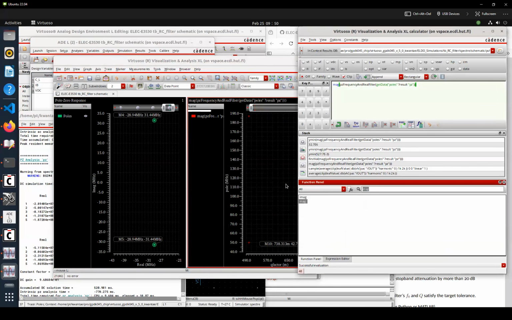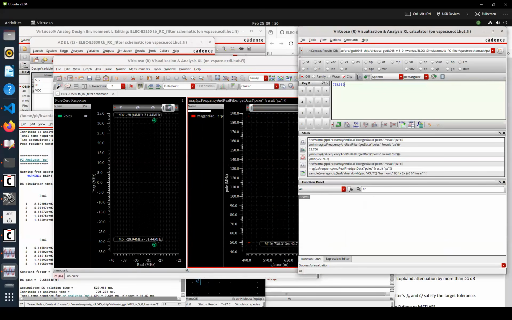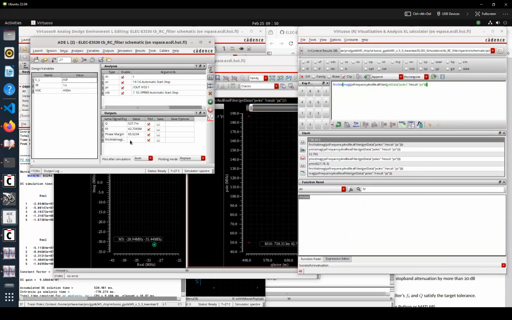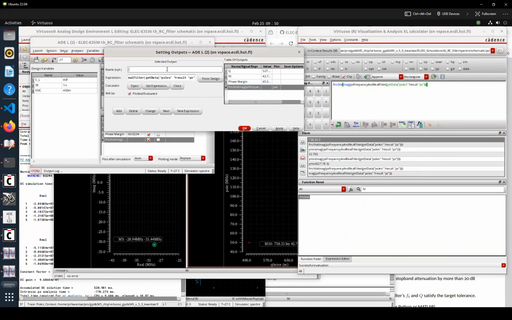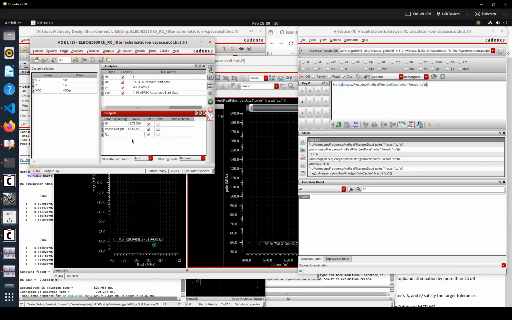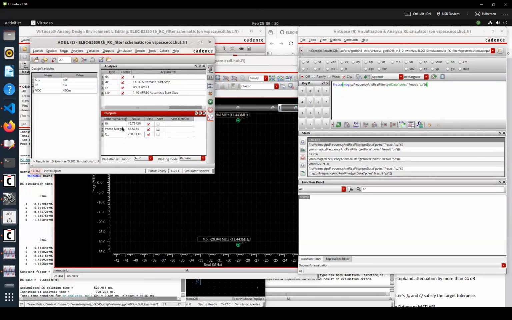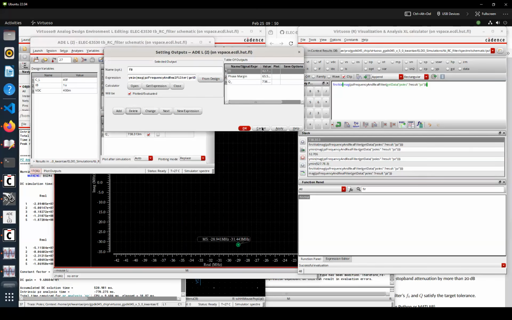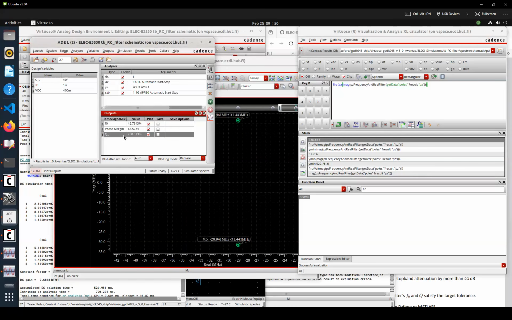Magnitude and first value. Wait. Okay. See here, and let's remove this one. Oh, okay. It was fixed as 0.5277, which was incorrect. And F0 was correct.